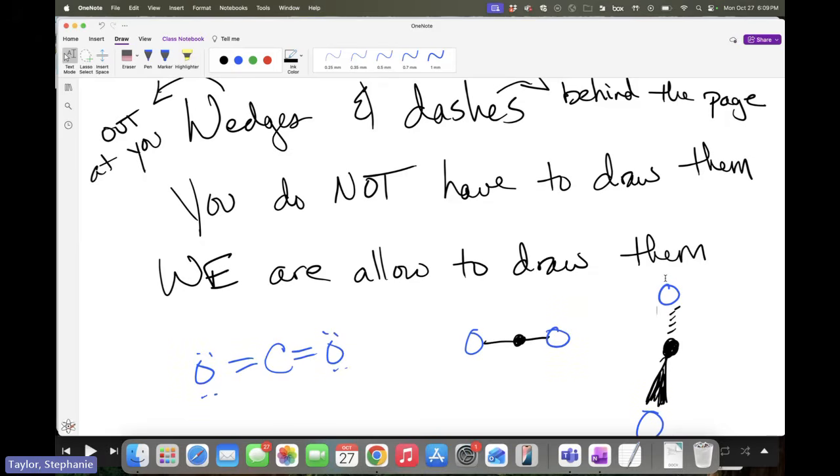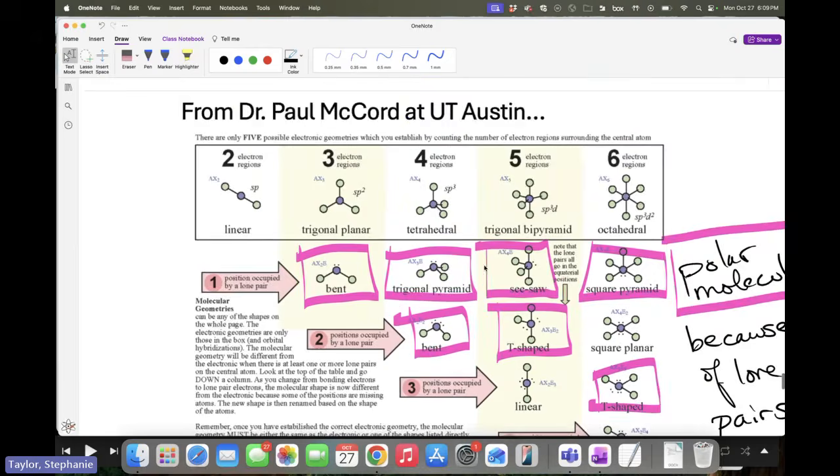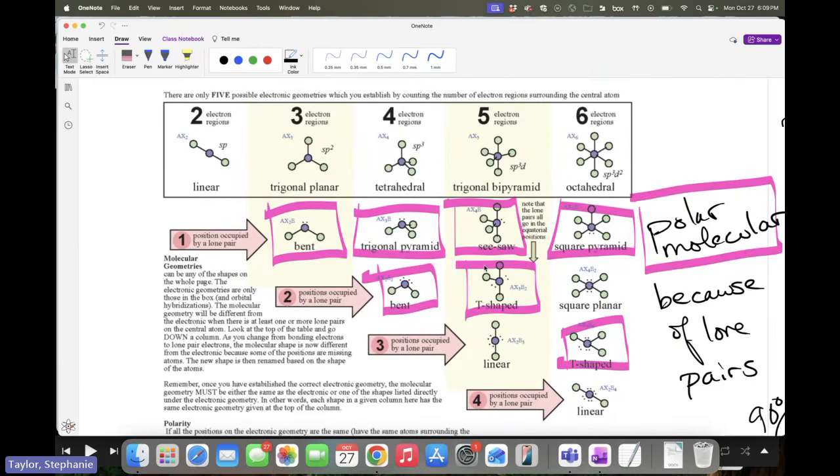While we can ask y'all to draw some structures from scratch, we can also just say, here is a picture of a molecule, tell me what the electron domain geometry or the molecular geometry is. At that point, you need to be familiar enough with wedges and dashes that you can recognize them and at least not be intimidated by them.